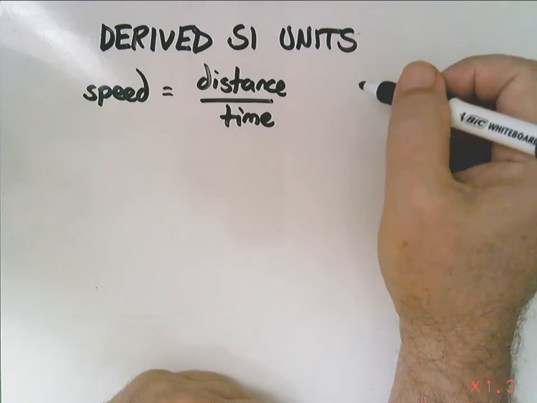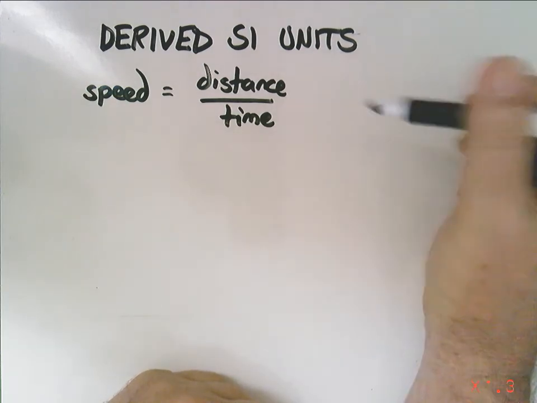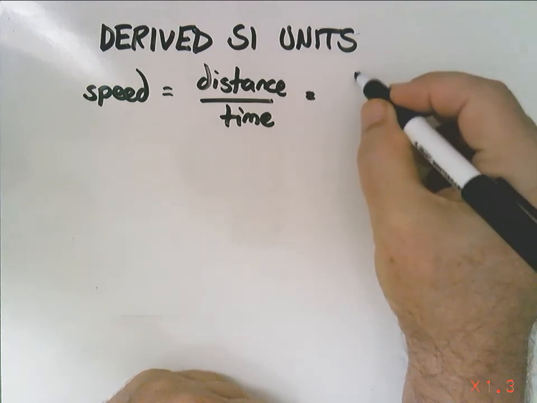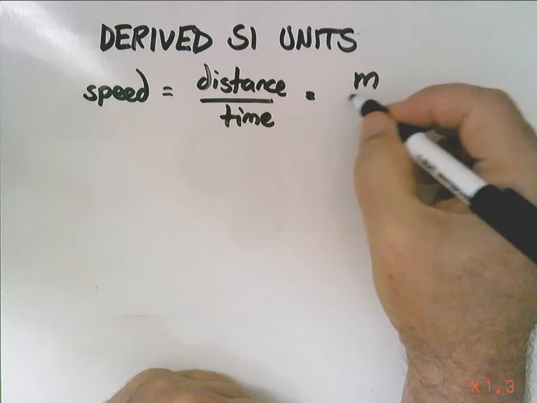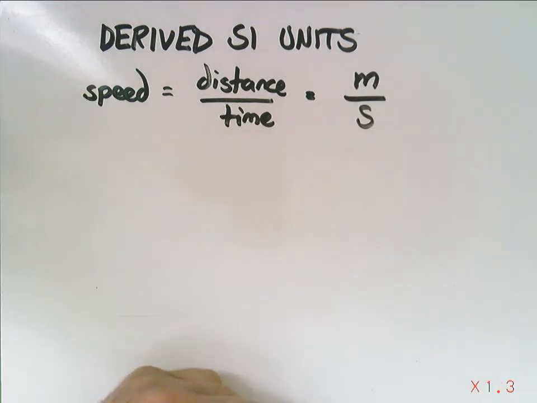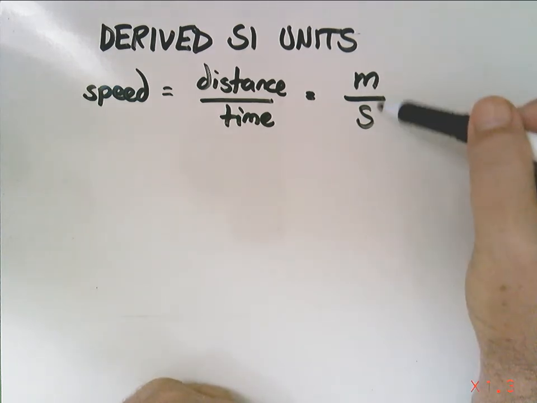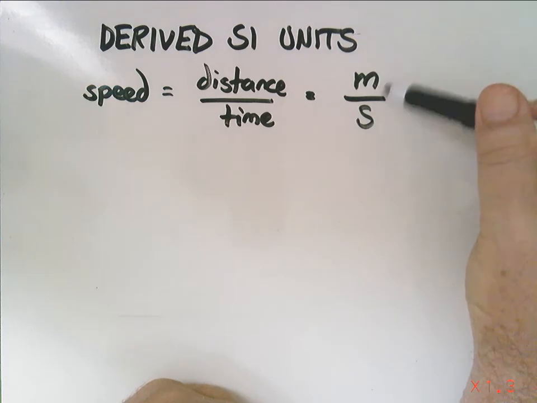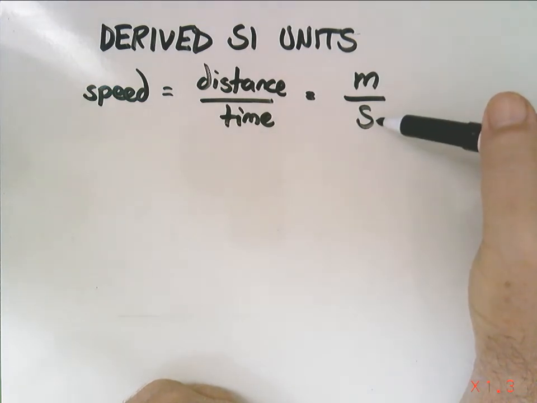But in the SI system, distance is a length, right? So your units would be meters for distance per second for time. So you put in the SI base units here. This would be the SI derived unit for speed.